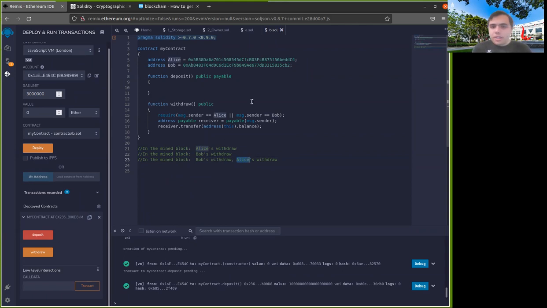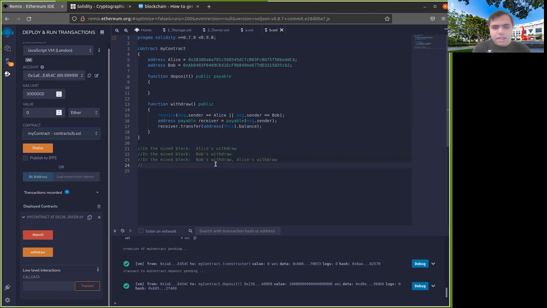Now, one thing we can do is try to bribe the miners in a more direct manner. How can I do that? Well, suppose I'm Alice, and suppose that my account has a very small balance.